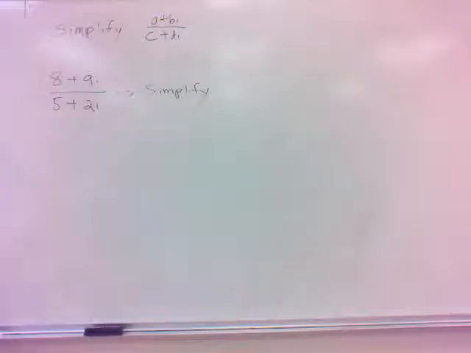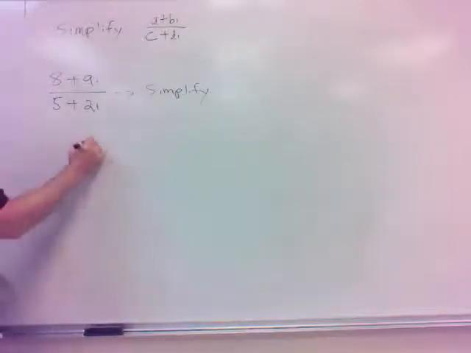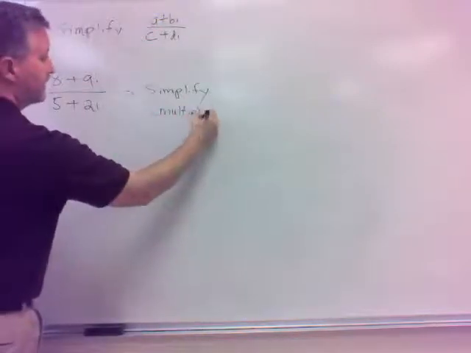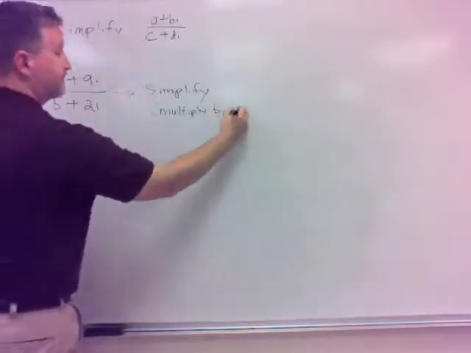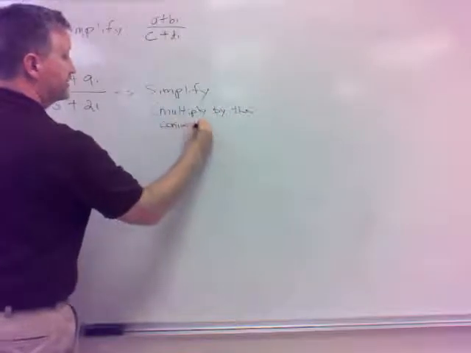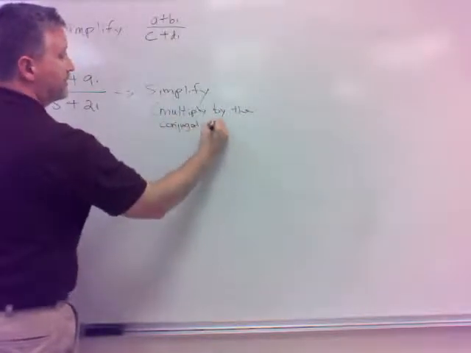Turns out we can simplify this to be a complex number, just one single complex number, by multiplying by a conjugate, and the conjugate is of the denominator. Multiply by the conjugate of the denominator.